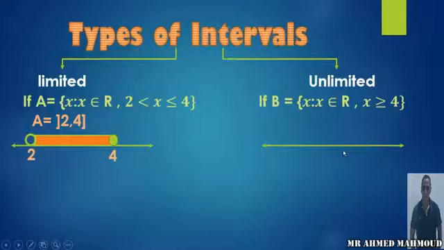When we represent this one, first I will write 4 with a shaded circle like this because we have the equal sign, and here x is greater than 4, so we have all the numbers in this direction, like this. But here I will draw an arrow because we haven't a limit or end to this interval.